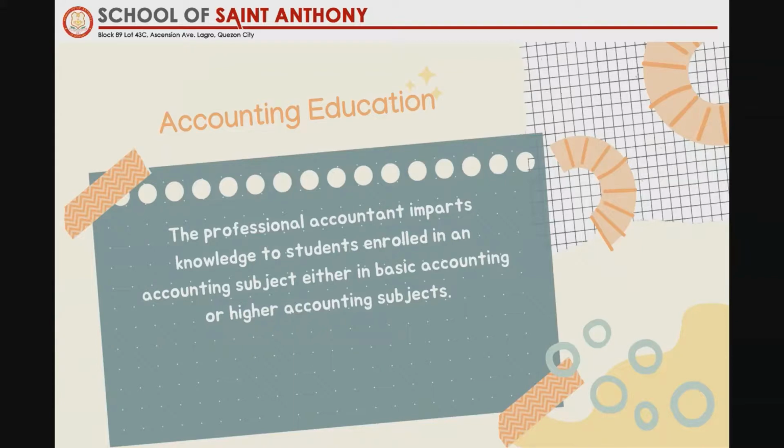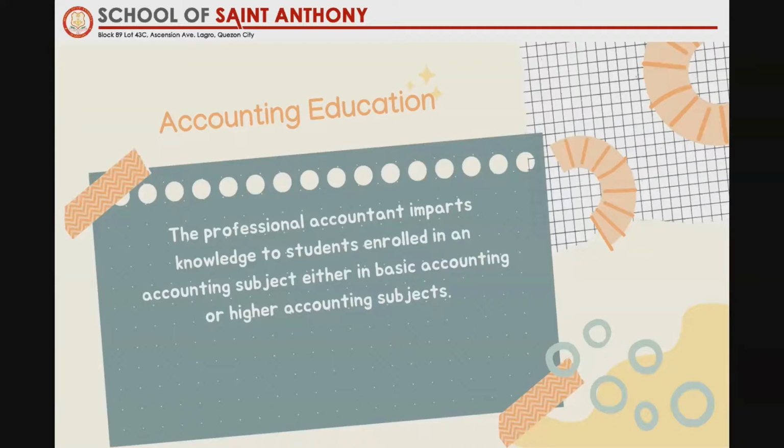We have government accounting, who's responsible for getting the information about the receipts and disposition, or the inflows and outflows, of government funds. We also have auditing. The auditor's responsibility is to examine or check if the company is presenting its financial statements in accordance with GAAP, or the generally accepted accounting principles.